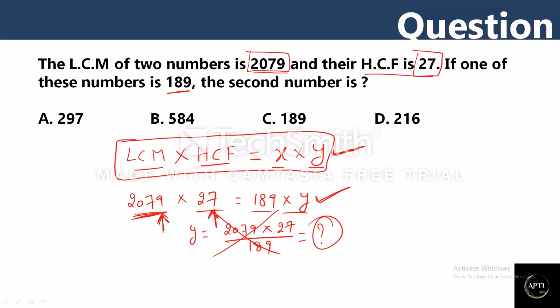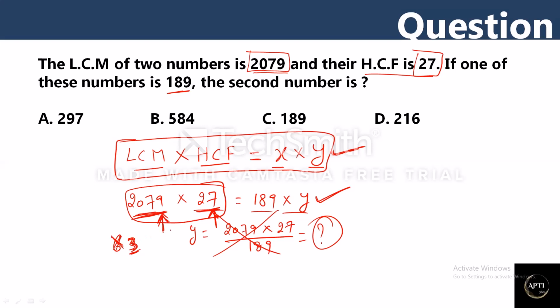When we multiply these two values, units place 9 and units place 7, what is 9 sevens? 63. So 9 sevens is 63, meaning that value ends with 3. No need to bother about whether it is 63 or whatever it is, but when we multiply 9 and 7, the units place in the left hand side, my answer will end with 3.